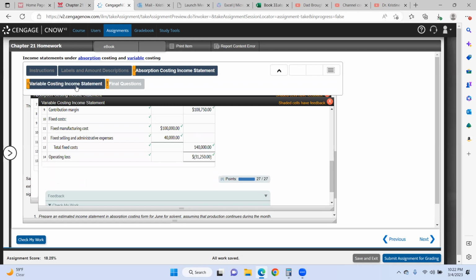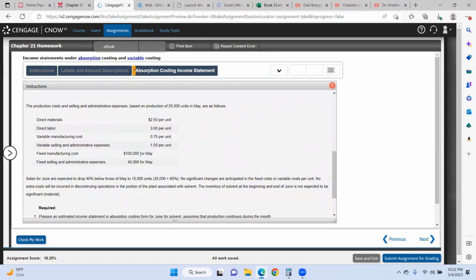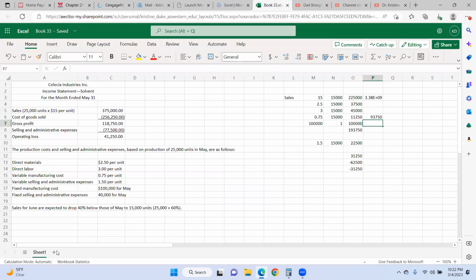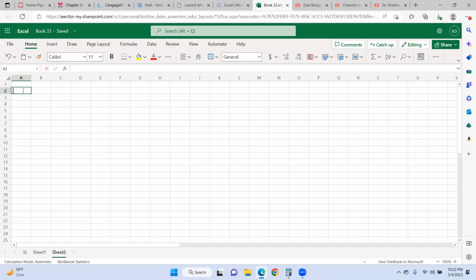One of the things I want you to think about is if you produce more products, let's say you increase your production to 25,000. Now remember, right here, it says my fixed manufacturing cost is 100,000. Okay, so I'm going to come over here. This is going to be my fixed manufacturing cost.